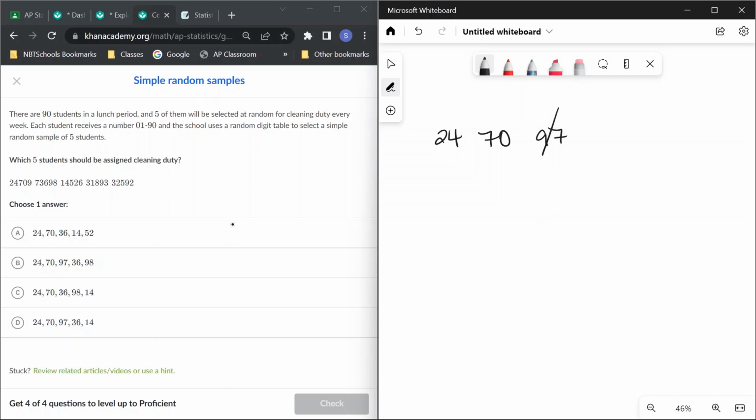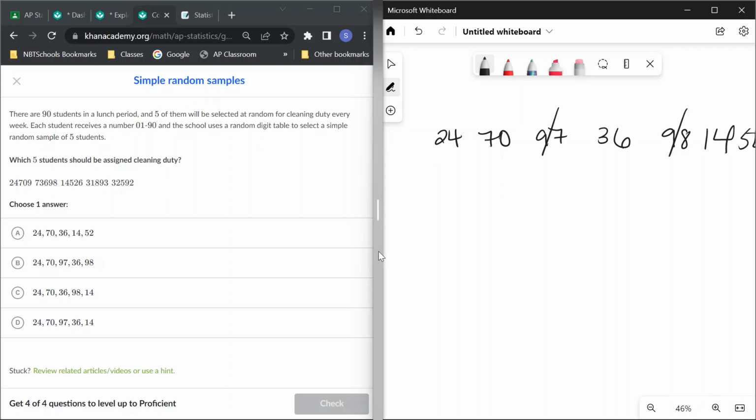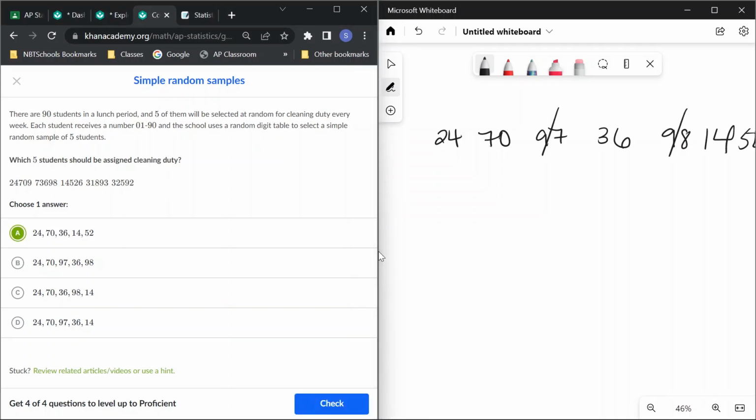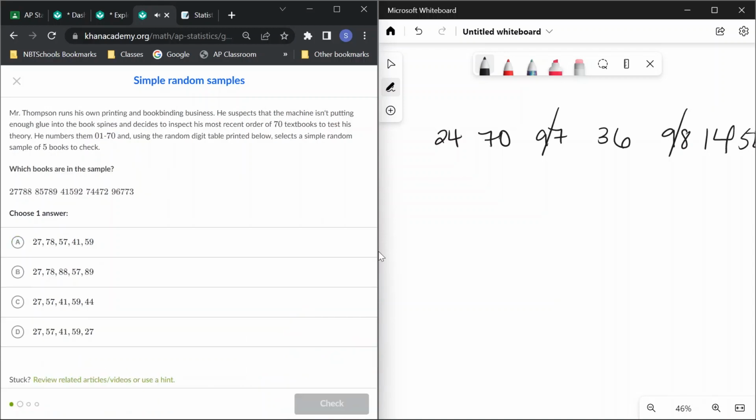Then 36, and 98, which we can't use. After 98, we have 14, and after 14, 52. So a random sample is 24, 70, 36, 14, and 52. See, we're getting better.